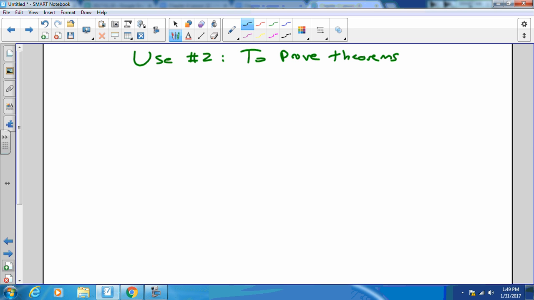To prove theorems. You guys remember a theorem that we used starting in December, the sign of f prime theorem. Remember that theorem? If f prime is positive on a to b, then f is increasing, right?